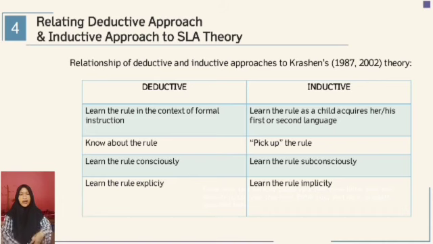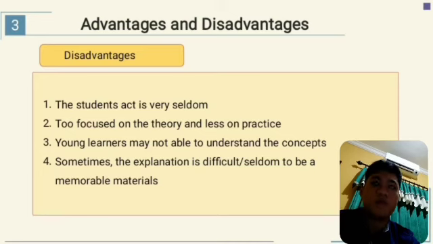And then in the deductive approach students know the rules, and in the inductive approach the student picks up the rules. This is because in the deductive approach the student learns the rule consciously, and in the inductive approach the student learns the rule unconsciously. It means the student gets the rules explicitly in the deductive approach, and implicitly in the inductive approach. Okay, I think that's all.